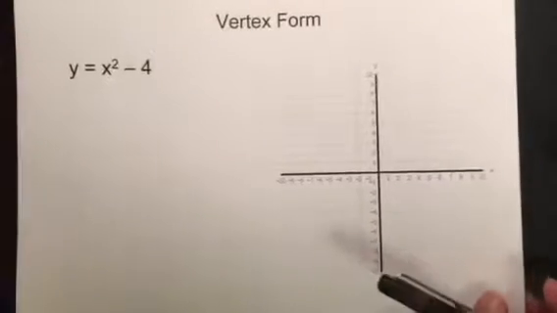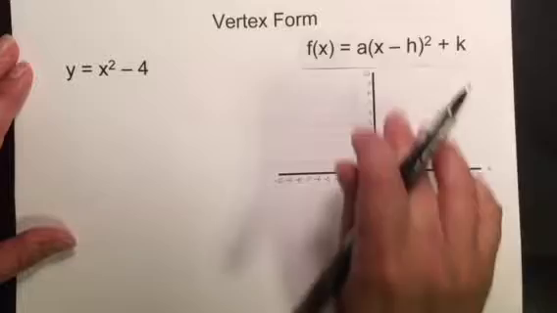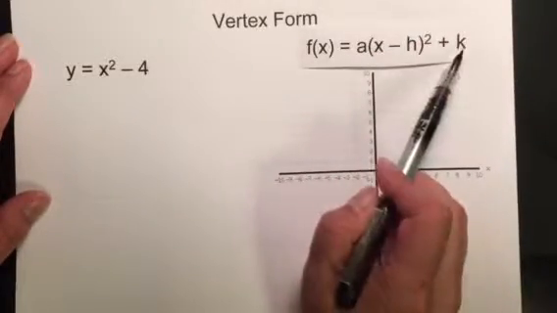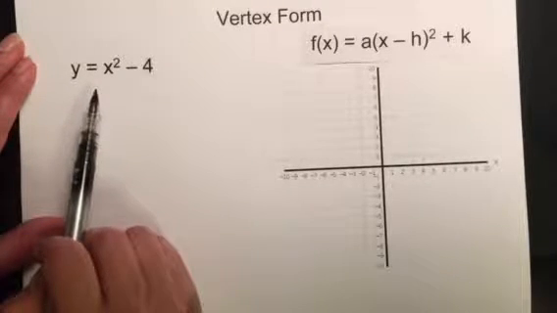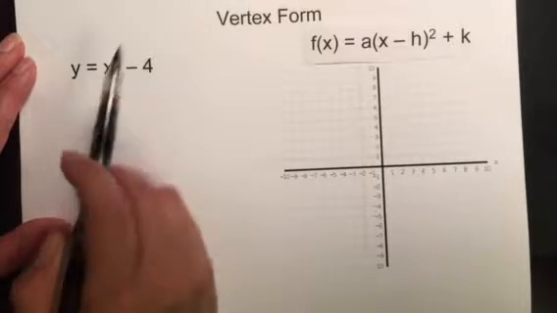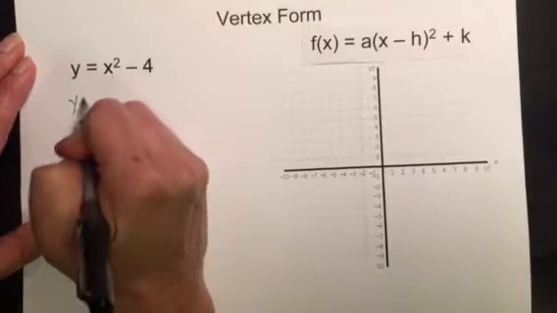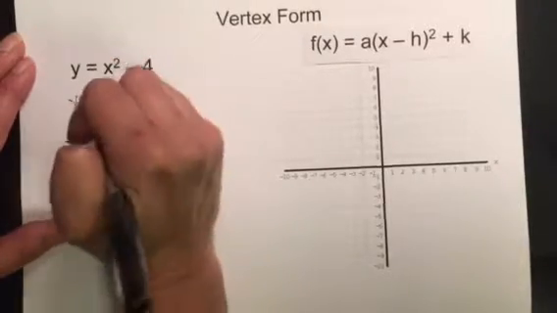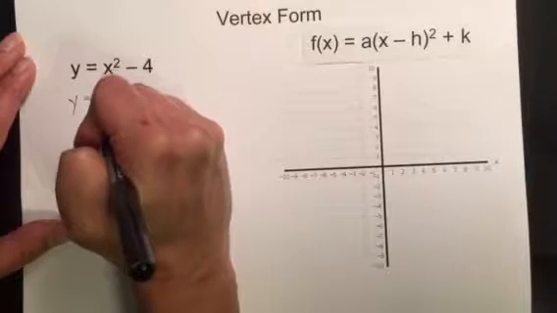All right, so let's do a couple examples. I'm just going to put this over here so that I can reference it and point to it as we talk through this. So here's vertex form. We have to figure out what we have in relationship to vertex form. There's nothing in the parentheses here, and there isn't a number out front, except there's an understood 1. So I'm going to write my 1 here.